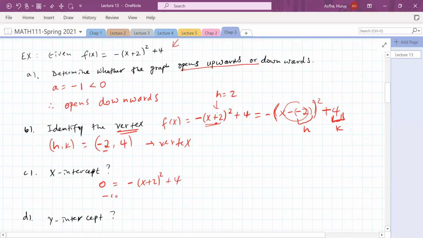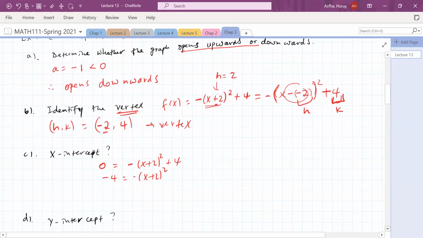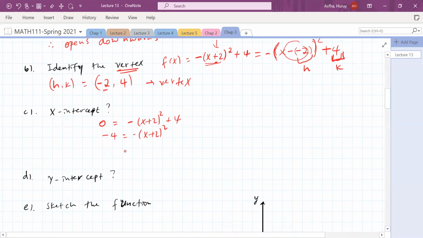Now moving this to the right, and multiplying both sides by negative, I will put this on the left side: (x plus 2) squared equals +4. Now taking the square root of both sides, we have x plus 2 equals plus or minus 2.